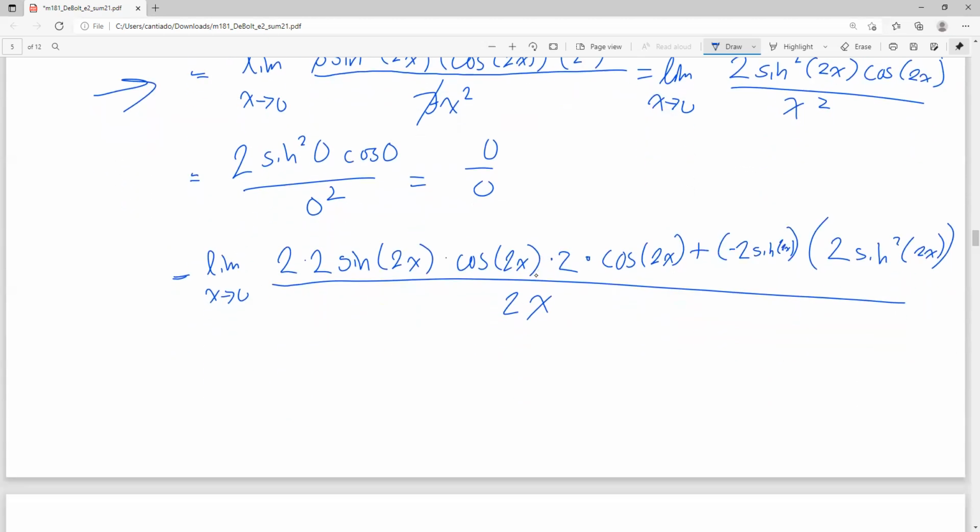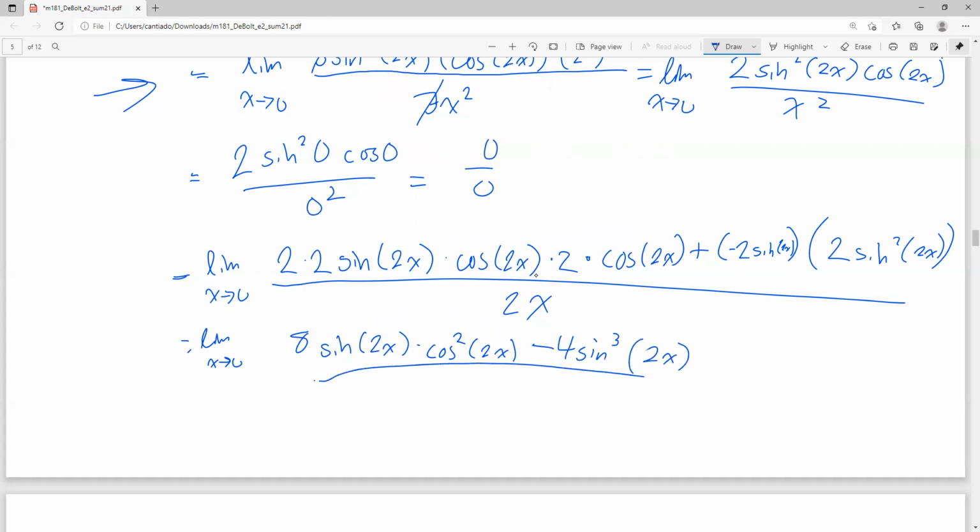So let's go ahead and simplify this out. What does this simplify out to? We have the limit as x approaches 0 of, this is 2 times 2 times 2, which is 8, 8 sine of 2x times cosine squared 2x, minus, because of the negative right here, minus 4 sine cubed of 2x, all over 2x.